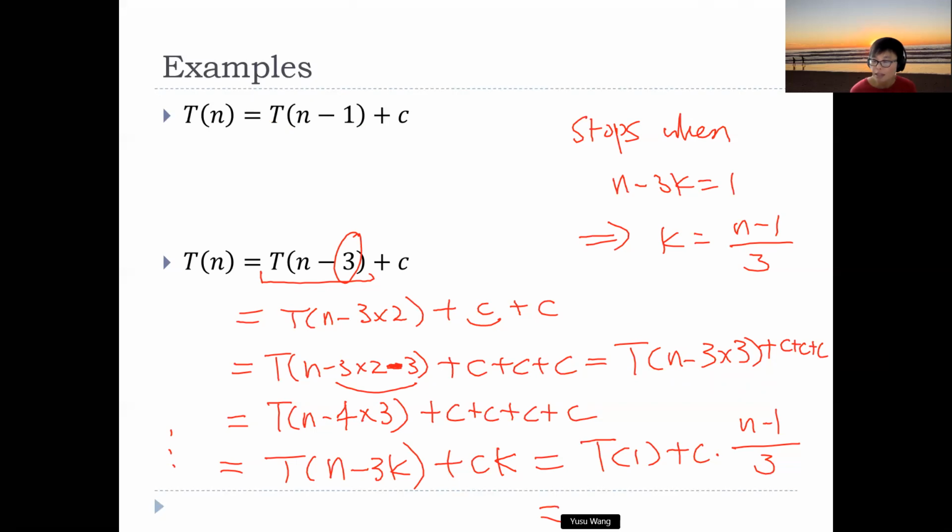Again, constant, and this is n over 3, which is the order of n. So the whole thing is dominated by order of n. Whether you are subtracting 1 or subtracting 3, asymptotically these two recurrences have the same solution. In both cases, T of n equals big theta of n.